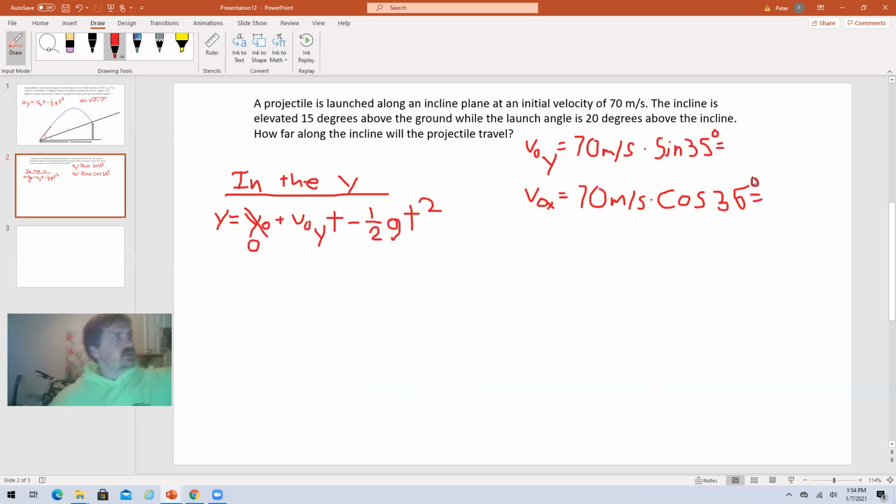So let's get out the calculator. Okay, let's see what that equals. So 70 times sine of 35, okay, equal to 40.15 meters per second.